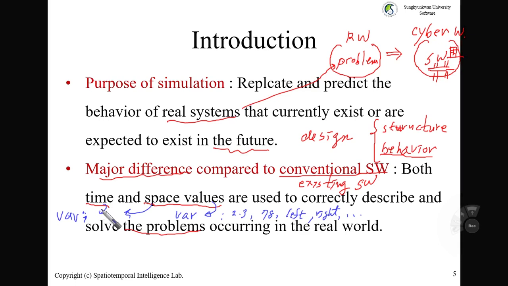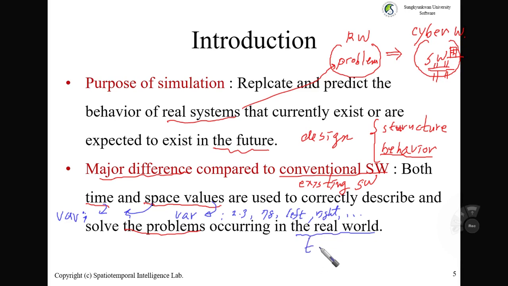Okay, why do we have to make use of these two different values? Think of the real world that we live in. Within this real world, there are many activities or events occurring, and those are under the influence of time and space.